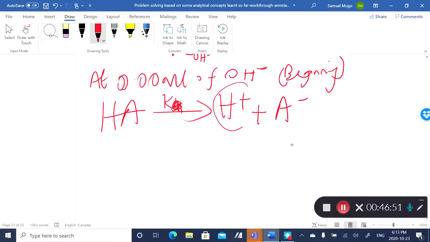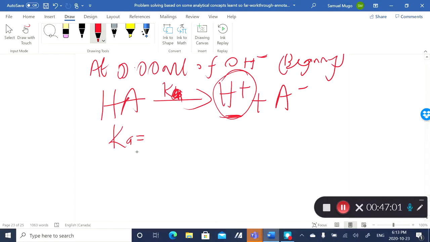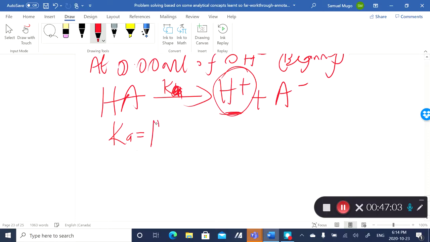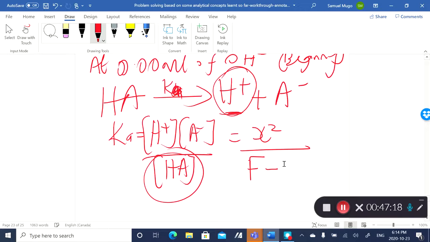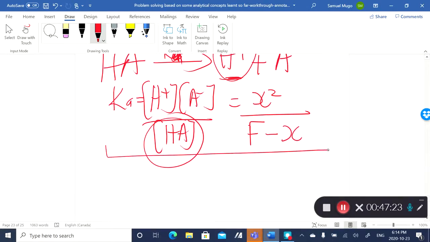And how do you determine the pH, the hydronium ion concentration? Well, it's just simply calculating the acid dissociation relationship here, which is Ka equals H3O plus times A minus, divided by HA. I think we all know that. It's a one-to-one stoichiometry, meaning it's x squared divided by the formal concentration of the acid minus x. I think by now you guys know this.